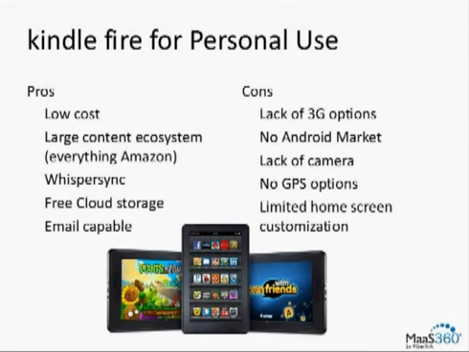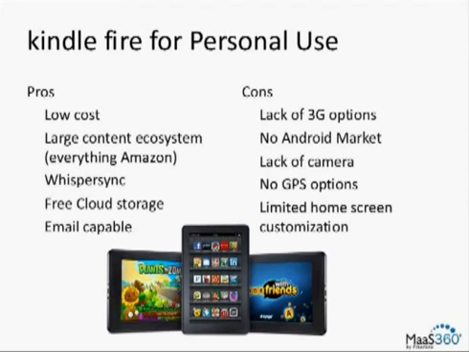The WhisperSync technology is another Amazon-developed piece of the puzzle here. What this means is you can sync all of your content. If you have the Amazon Cloud Player for your music, you can store all your music out there, you can store your music on the device, and that is constantly synced up.